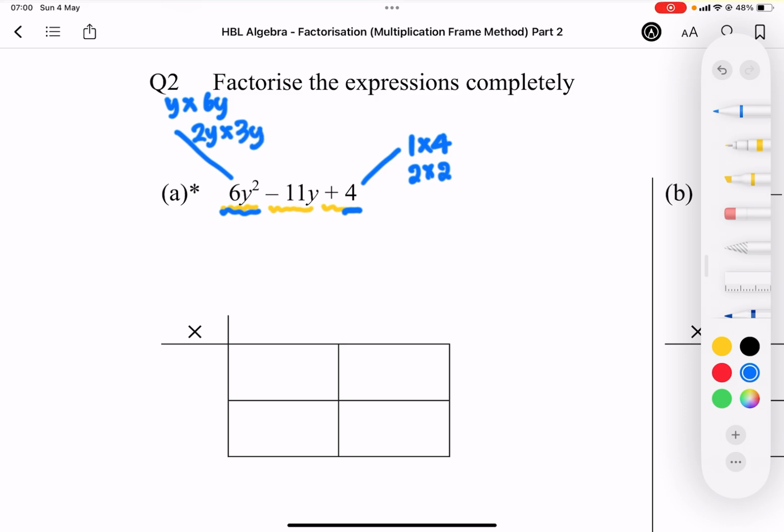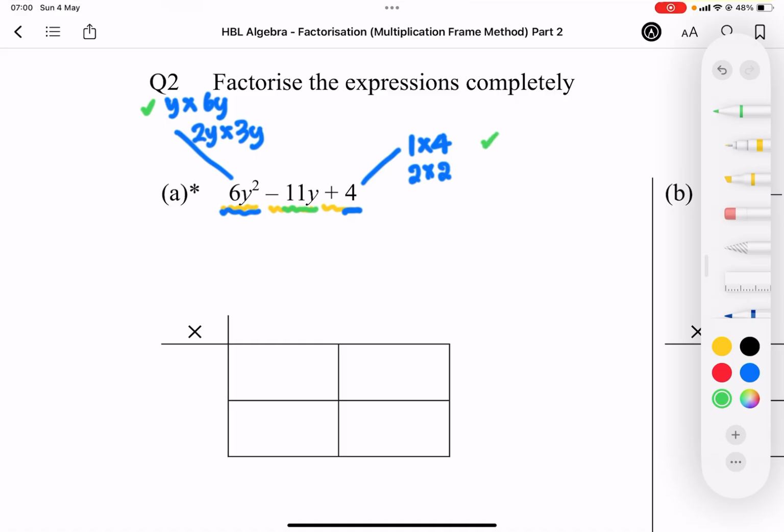Now, we are going to do some random checking such that when we multiply the factors and then we add or subtract, we should get something like 11y. So first, we can check y times 6y with 1 times 4.